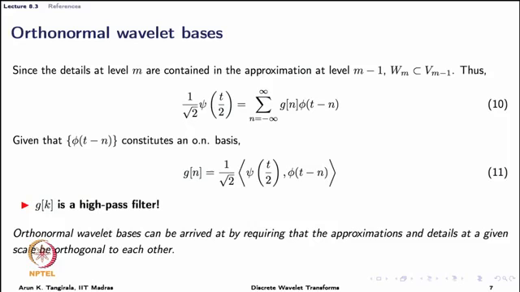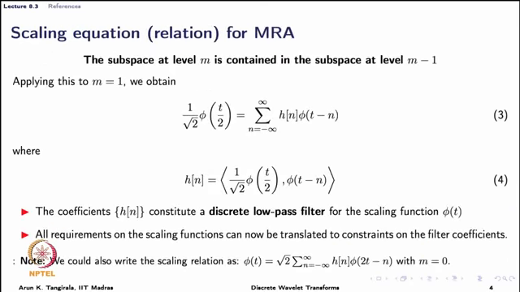Specifically, the scaling relations that we are referring to are equation 10, which tells me how to compute the wavelet given the scaling function and the high pass filter, as well as equation 3, which tells me how to compute the scaling function given the low pass filter as well as the scaling function at a finer scale.